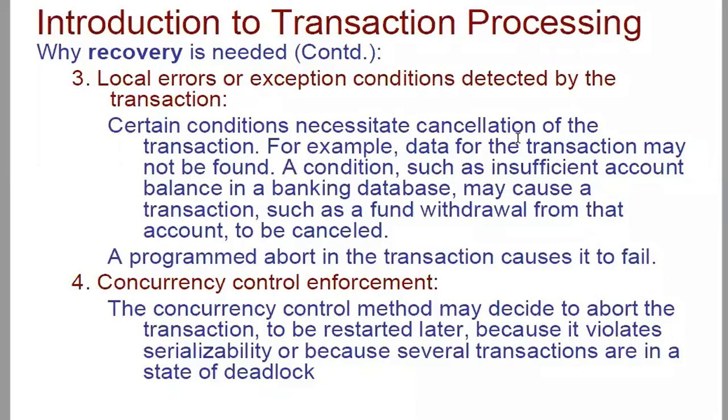So suppose more transactions are in deadlock condition, then to make your system perfect, you should forcefully cancel at least one or two transactions in the group of transactions. If any undesirable conditions happen, then you have to forcefully cancel the transaction. So these are the types of recoveries we have.